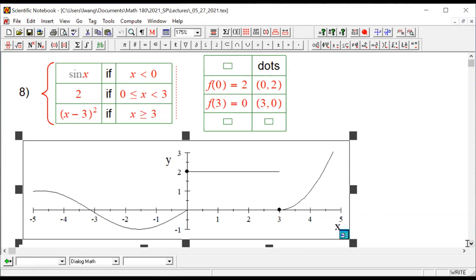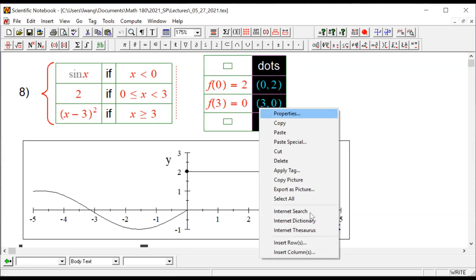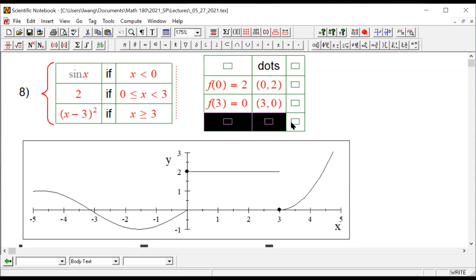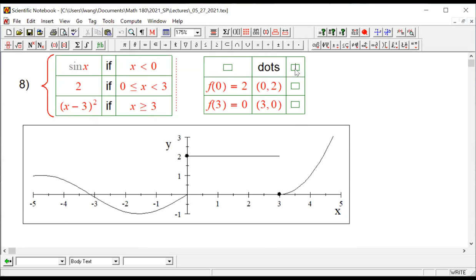So let's put circles there. What is the circle here? The circles, where are the circles? The first circle is going to be (0, 0). The second circle is going to be where? (3, 2).